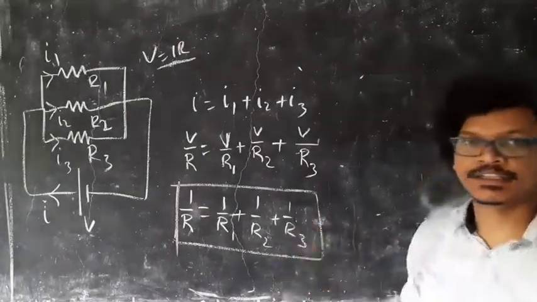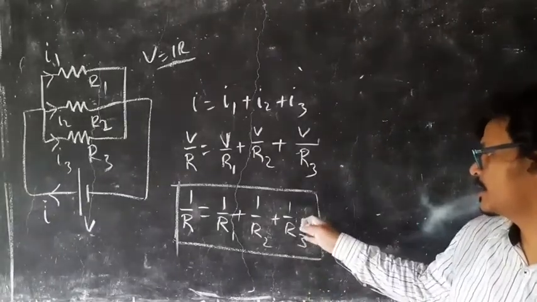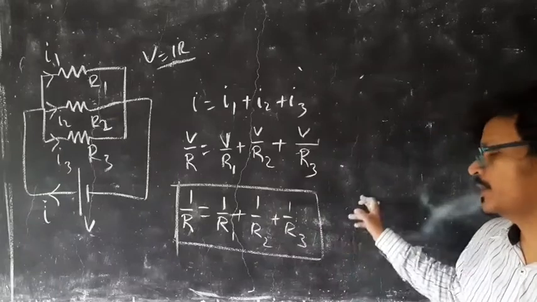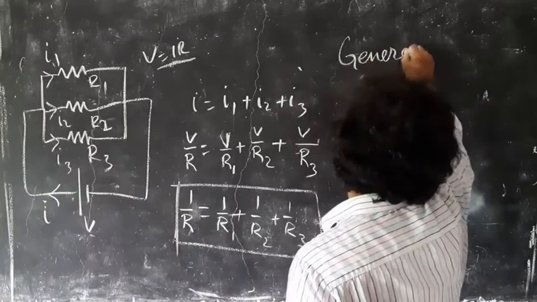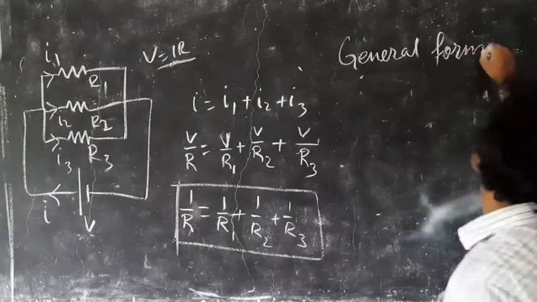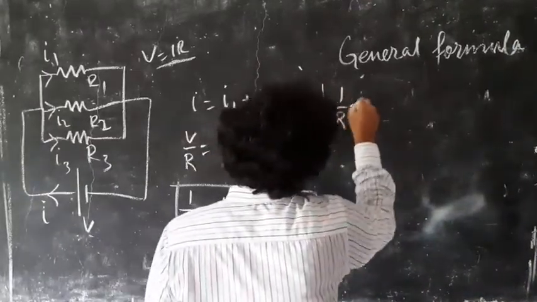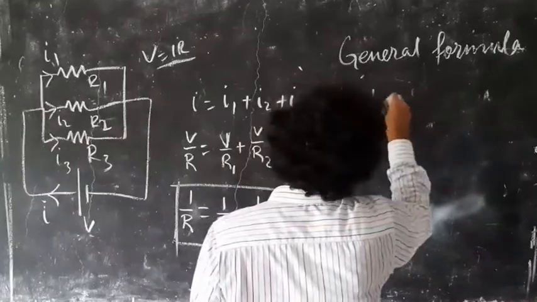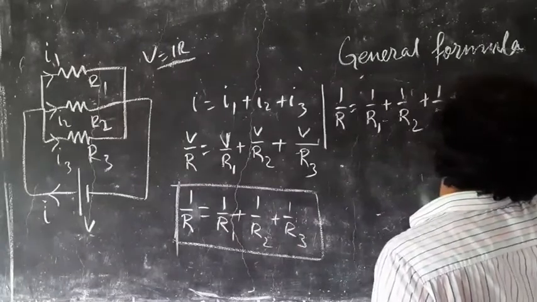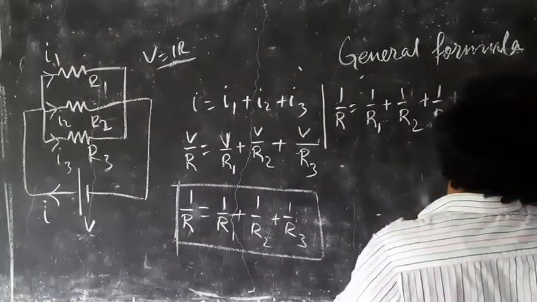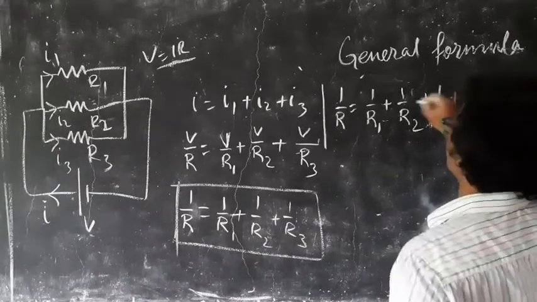Now suppose there are n resistances. So how can we get it? Simply you can keep on adding plus 1 by R4 plus 1 by R5. So the general formula will be 1 by R equal to 1 by R1 plus 1 by R2 plus 1 by R3 plus 1 by R4 up to 1 by Rn.